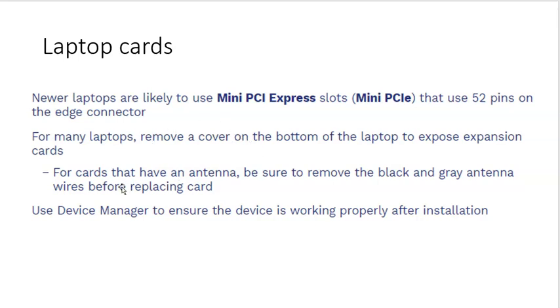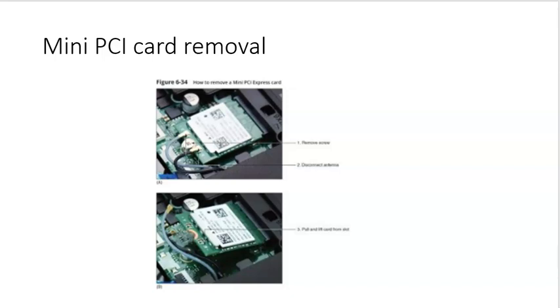But typically on a laptop, you may have one of these mini PCI card slots, but you may not. Your documentation will tell you if you have it or not. And right here what we've got is a mini PCIe card that is a Wi-Fi card. So you're going to plug this in and hopefully get a better Wi-Fi signal.